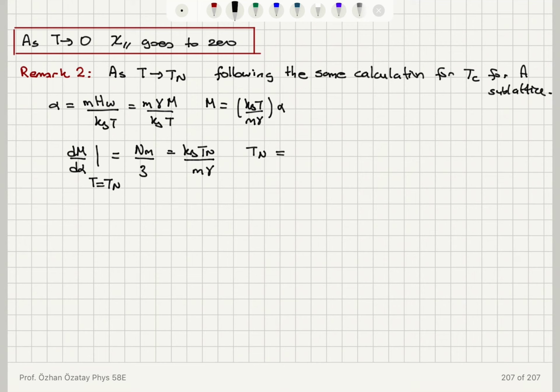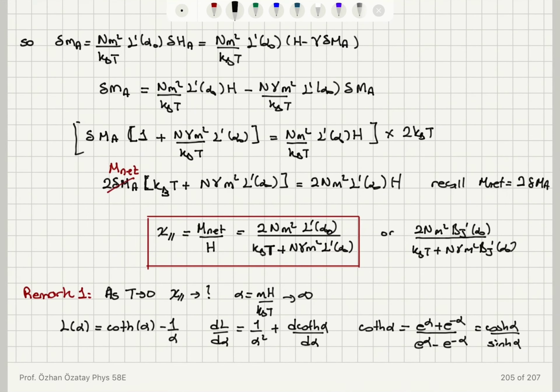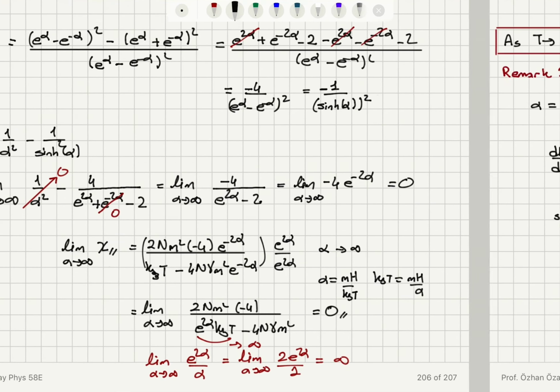So I find that the Néel temperature is capital N m squared gamma divided by 3 times the Boltzmann constant. So if I look at the longitudinal susceptibility at T equal to the Néel temperature, I have 2Nm squared.